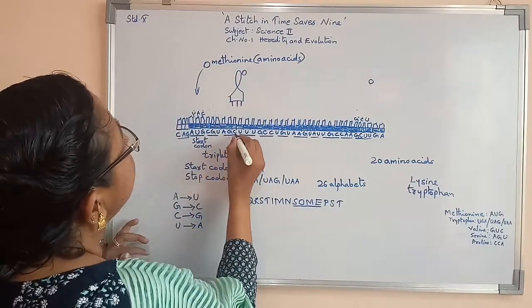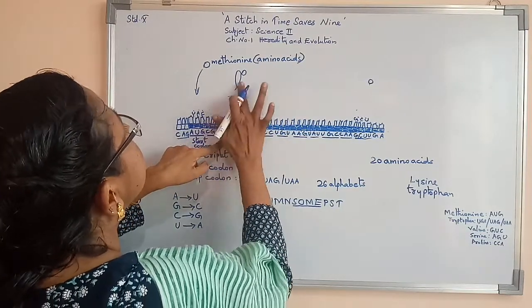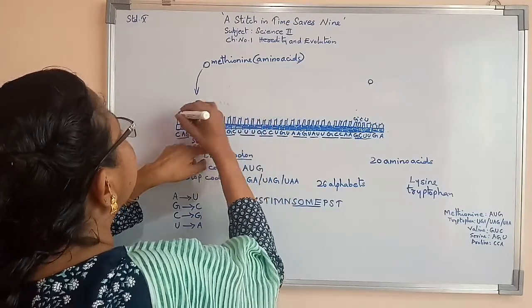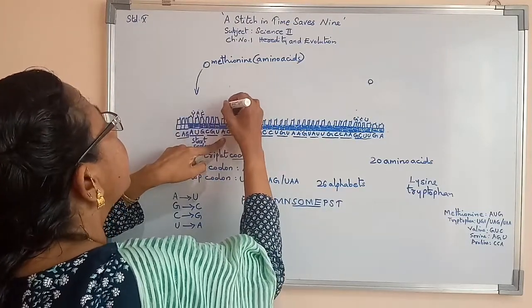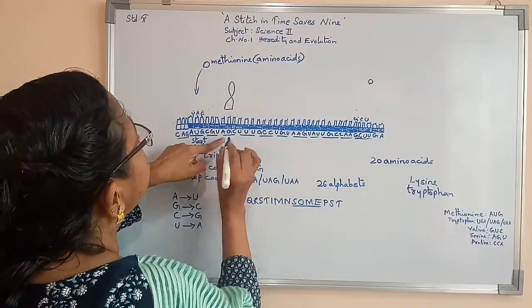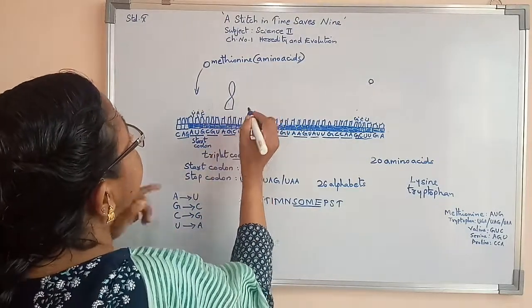Now suppose here in this particular place AC, here it's straight, it will keep on reading, and it will come and stand where the suitable anticodon is there. So here now A is there.